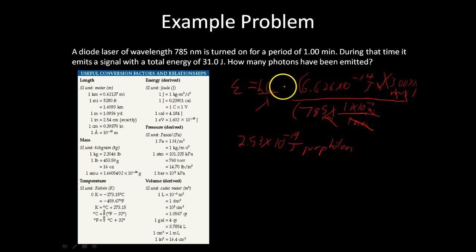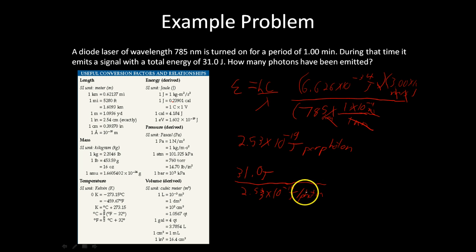Okay, this is how many photons have been emitted. If we have 31.0 joules divided by 2.53 times 10 to the negative 19 joules per photon, and I'm just going to put photon here.